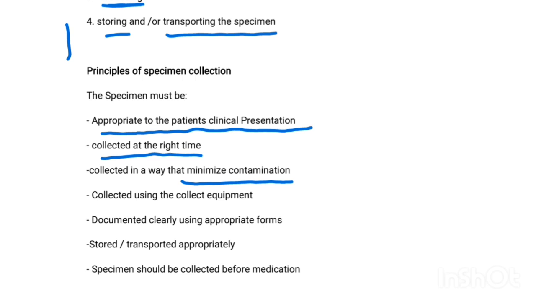We want to make sure that when collecting, the environment where the sample is being collected has to be disinfected thoroughly, because if not, instead of identifying the organism that is causing the problem in the patient, we may end up identifying other organisms that were collected from any other source.